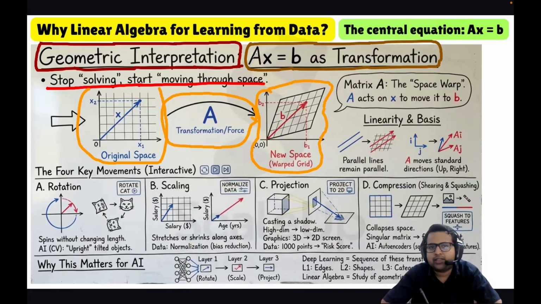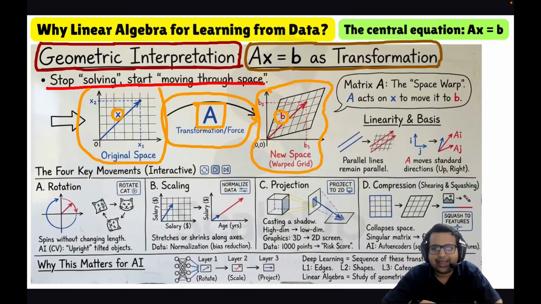A contains the transformation rules, X is the input. If we apply the transformation rules on the input, we get a transformed space, and that is what B is. So here X is the input, A is the transformation rule, and B is the output, the transformed space we got.